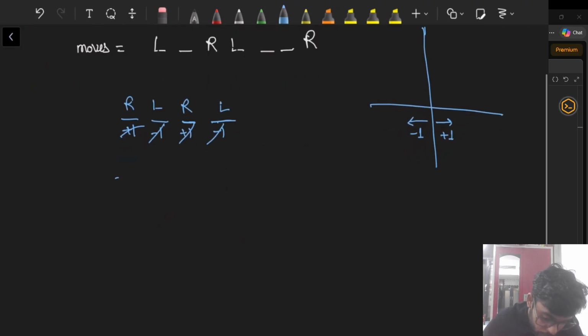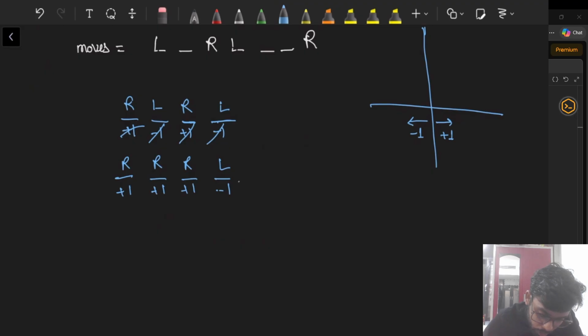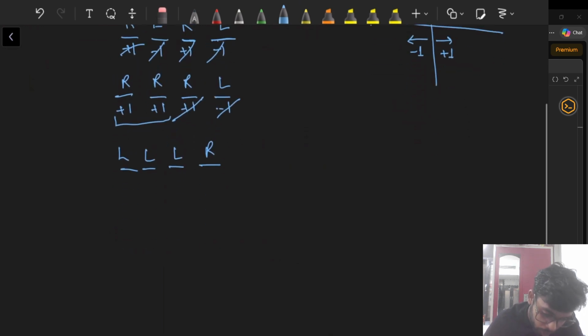And the observation is that if the number of R's is greater than L, then the distance will be non-zero. Here we have got the distance 2. In the same way, if the count of L is greater, this would have been 2, right?